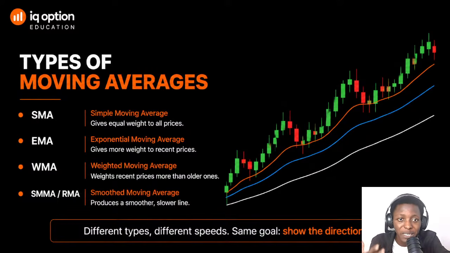EMA basically means exponential moving average, and you can see that on your screen at the moment. It gives more weight to recent prices, so it generally reacts faster to new price movement than an SMA or other moving averages, even if they have the same periods.